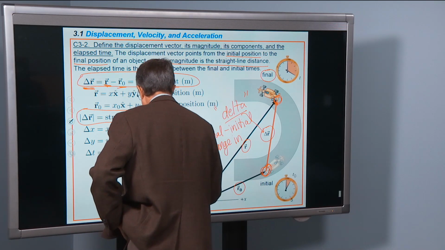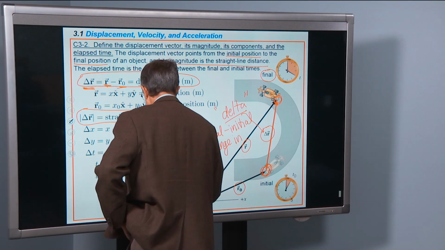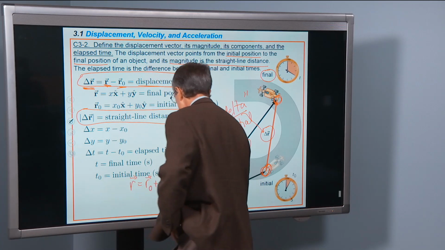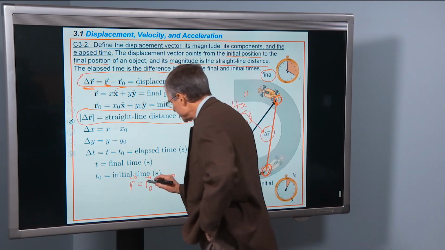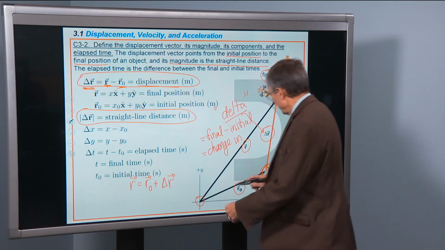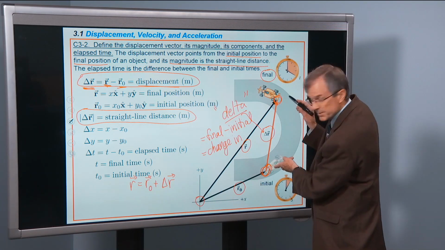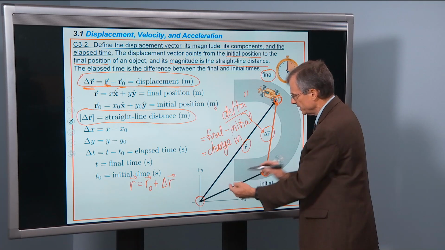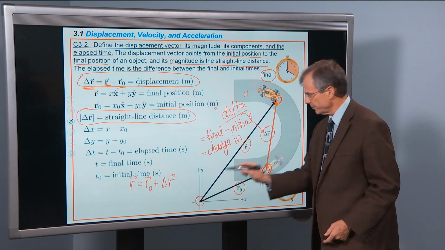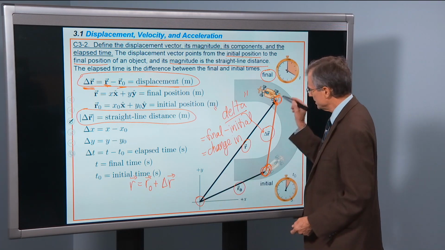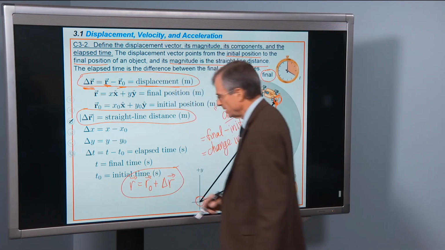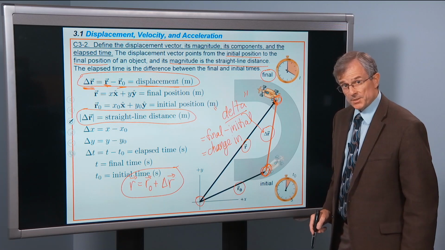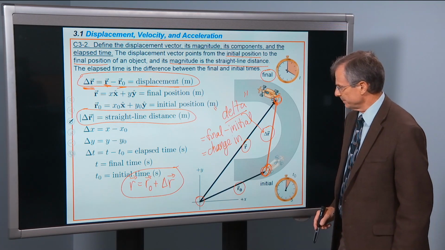R equals r naught plus delta r. Graphical addition of vectors, where you add the tail of the second vector to the tip of the first vector, and then draw the resultant vector from the tail of the first to the tip of the second, says that this is the equation that relates those three vectors.